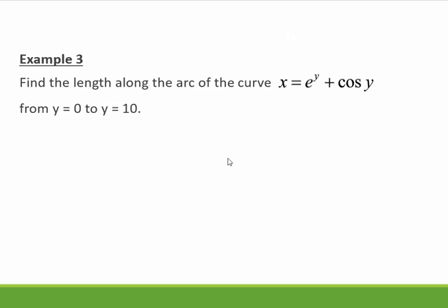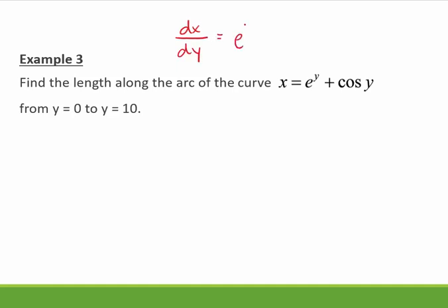Now in this case, I have our function in terms of y. So instead of dy/dx, I need to find dx/dy, the derivative of x with respect to y.